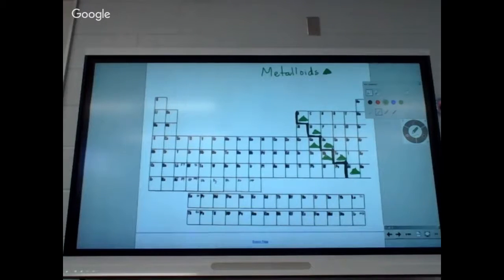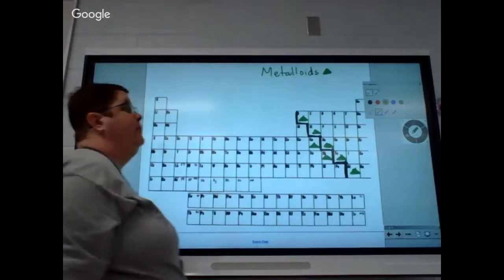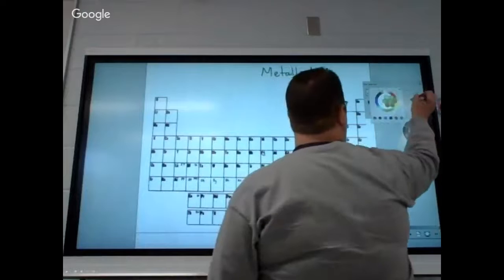The nonmetals. If you remember where the nonmetals are. Now, where are the nonmetals? On the other side of it. The other side. What's the other side? To the right. All right.